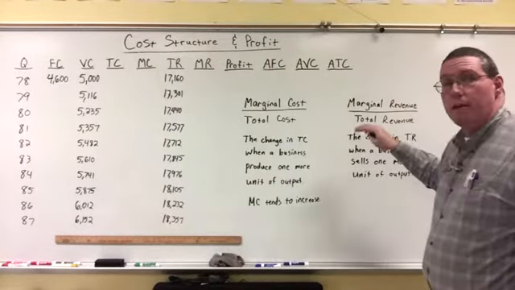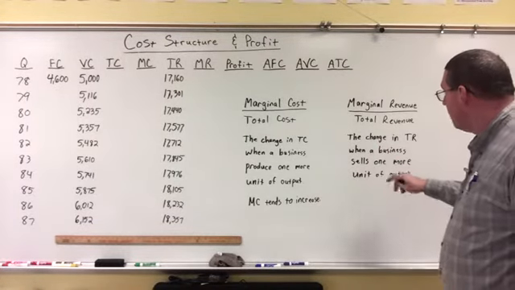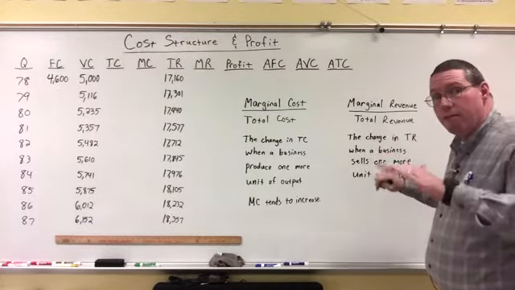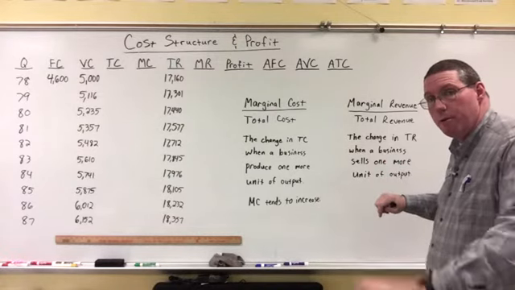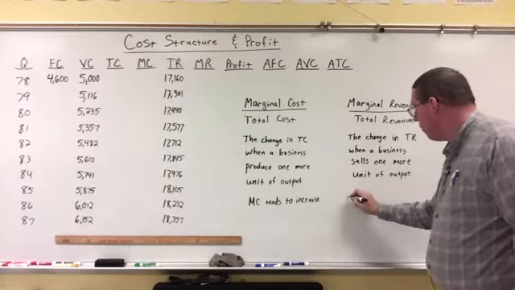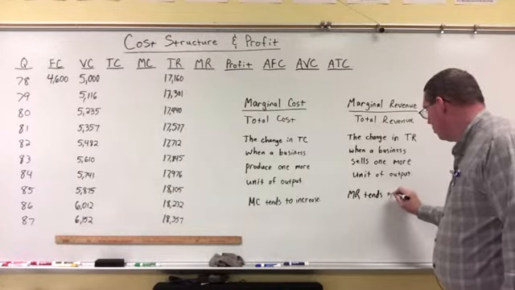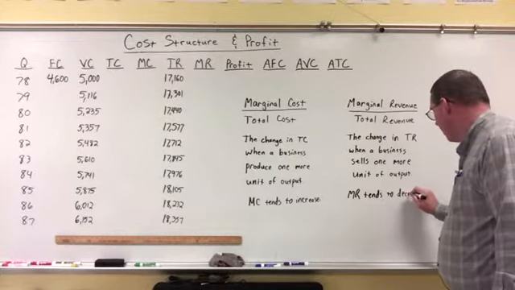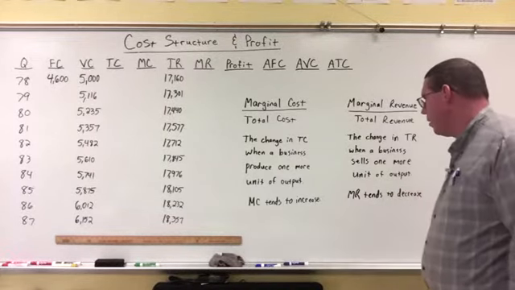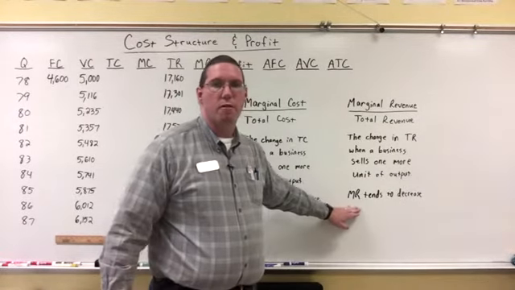Marginal revenue is kind of like marginal utility, but for a business. And because benefits tend to decrease as you keep committing to the same decision, marginal revenue tends to decrease. Okay? So what we see here is that marginal cost tends to increase, marginal revenue tends to decrease.